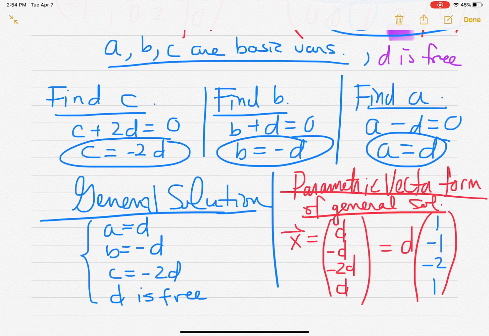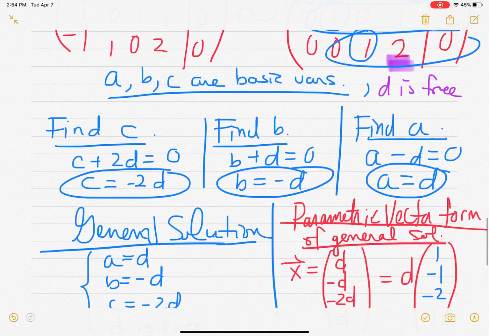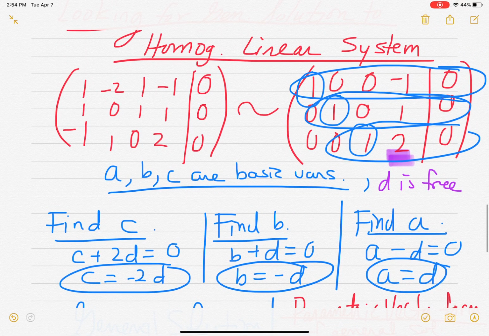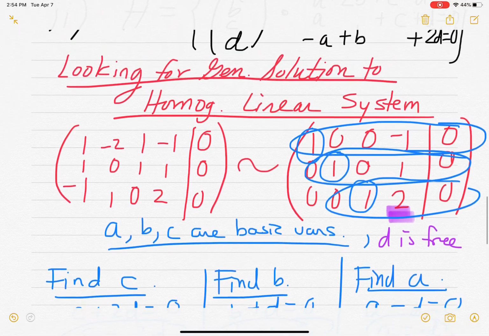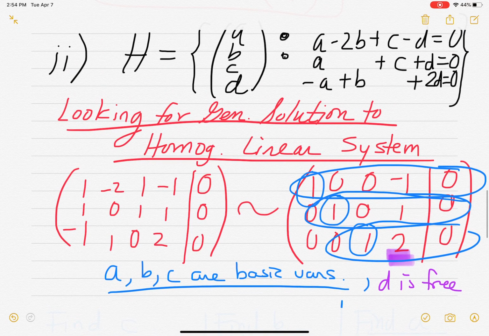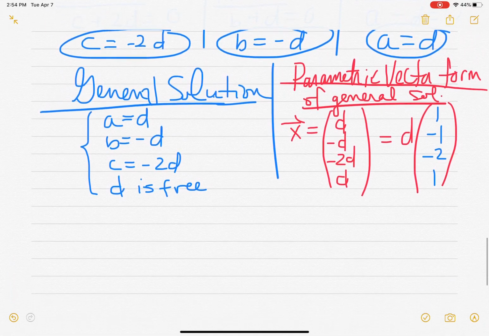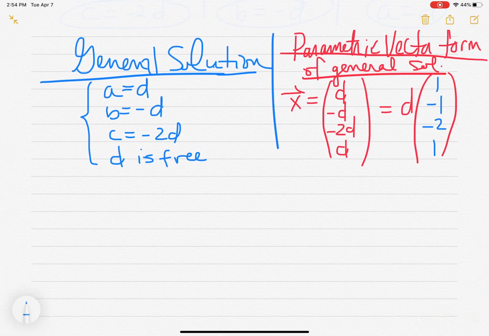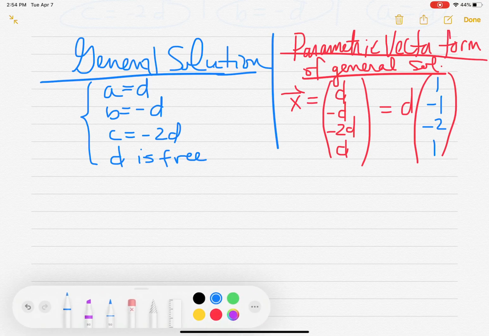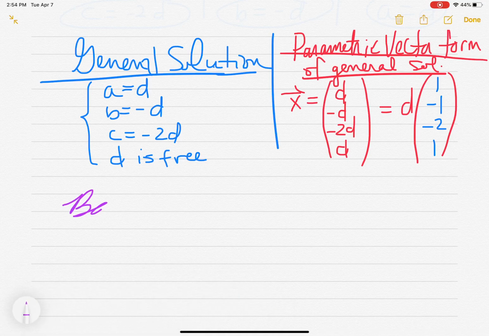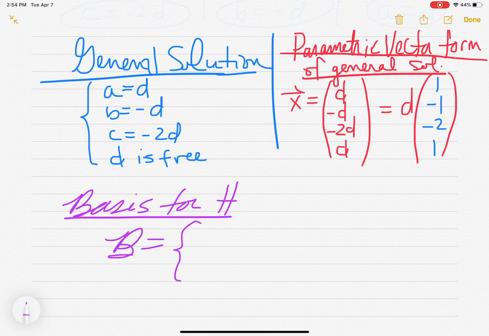So this is actually a null space. It's the solutions to this homogeneous linear system. Remember, solutions to a homogeneous linear system form a null space. It can be built from a single vector. So the basis for H, let's call it B for basis, is just a single vector: 1, negative 1, negative 2, 1.